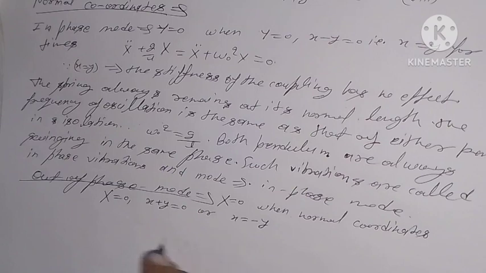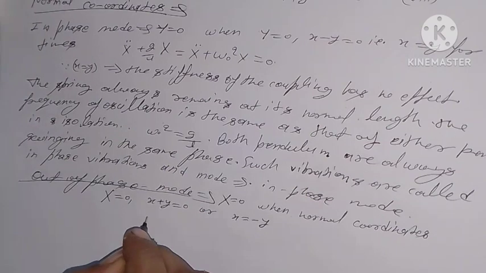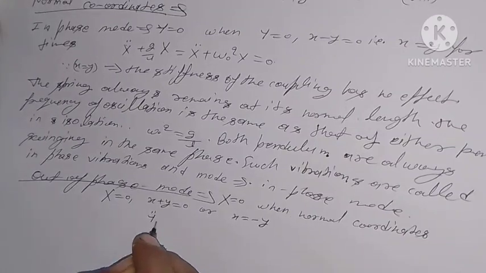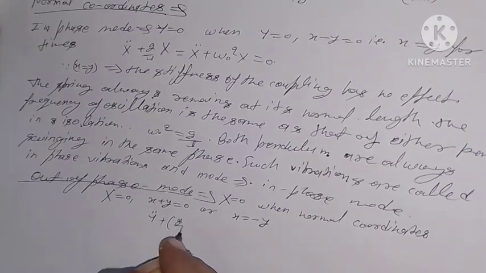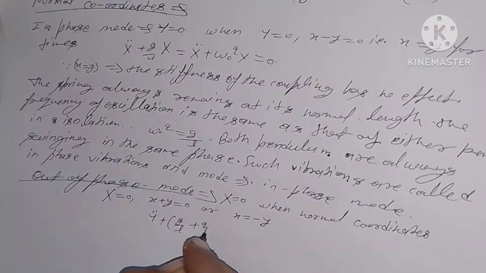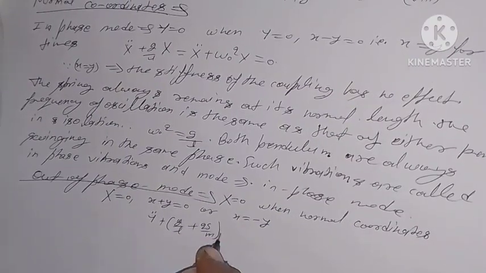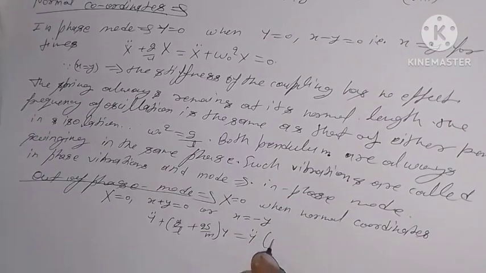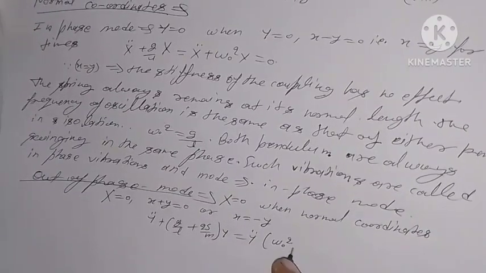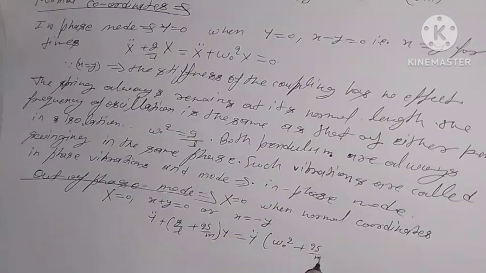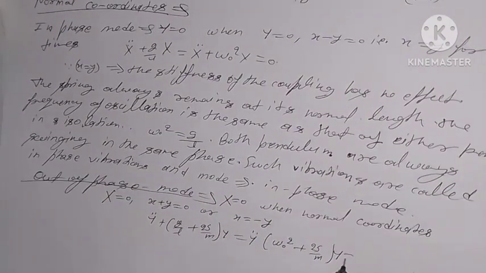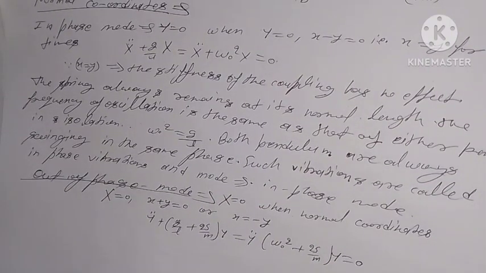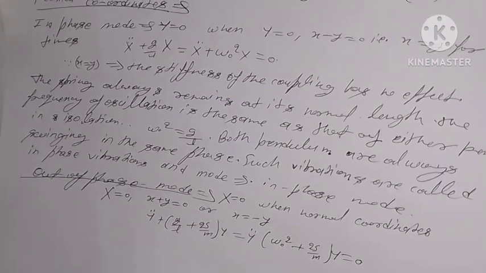For all times the motion is completely described by d²Y/dt² + (g/l + 2s/m)Y = 0, that is, d²Y/dt² + (ω₀² + 2s/m)Y = 0.